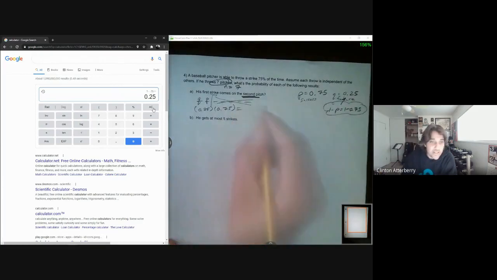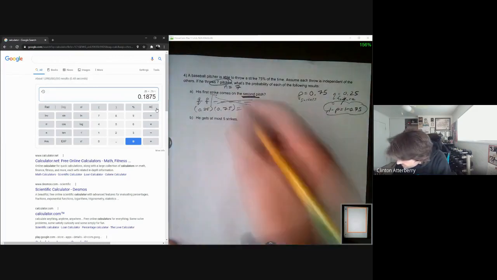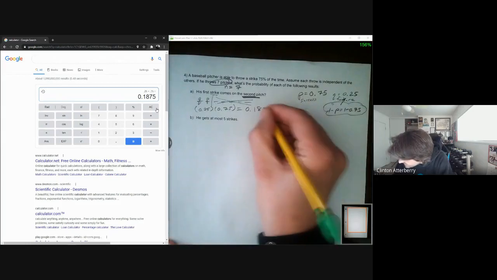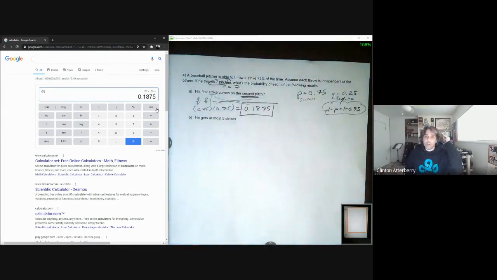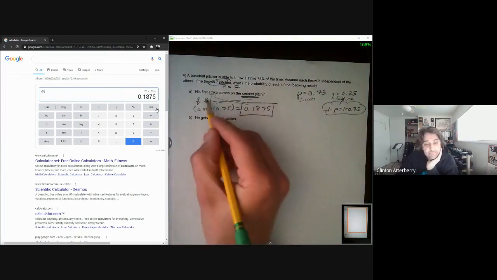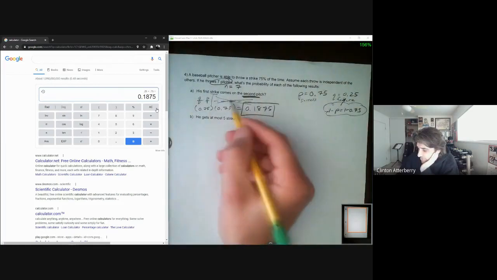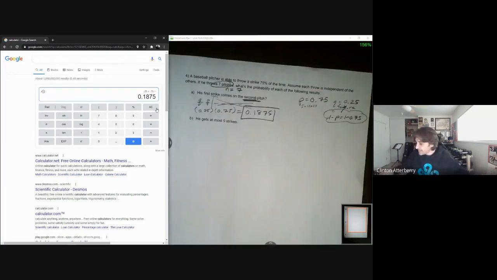When I multiply those together, I get a probability of 0.1875. So that's the probability of getting what you want on the second attempt. This is not asking about the third, fourth, fifth, sixth, or seventh attempt. For this first problem, you should ignore that stuff.